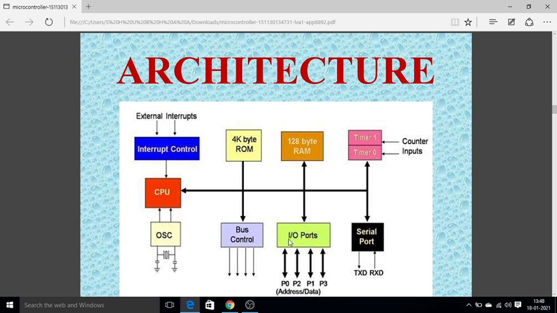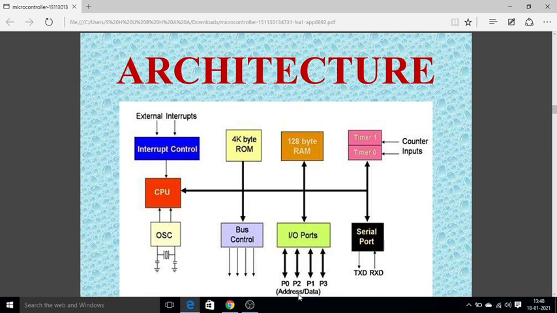These IO ports are divided into four groups: port 0, port 1, port 2 and port 3, and all four ports use the 32 pins. This arrow indicates the bidirectional ones, and these can be address or data.